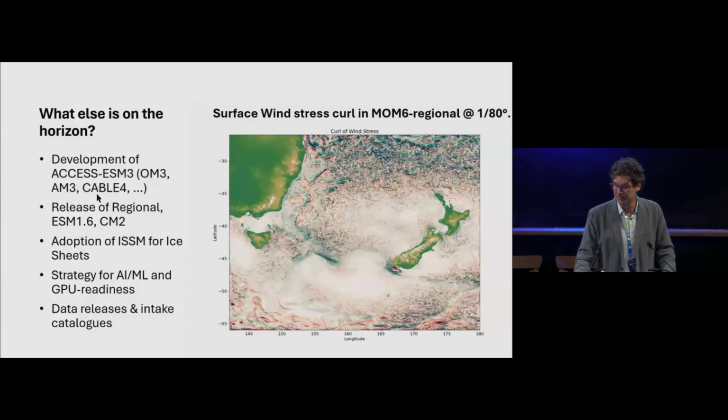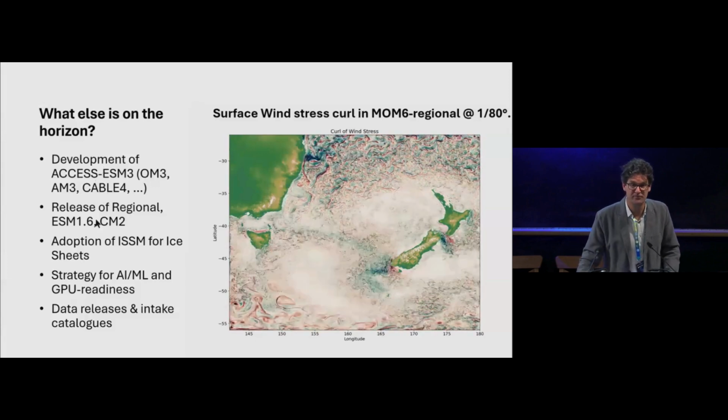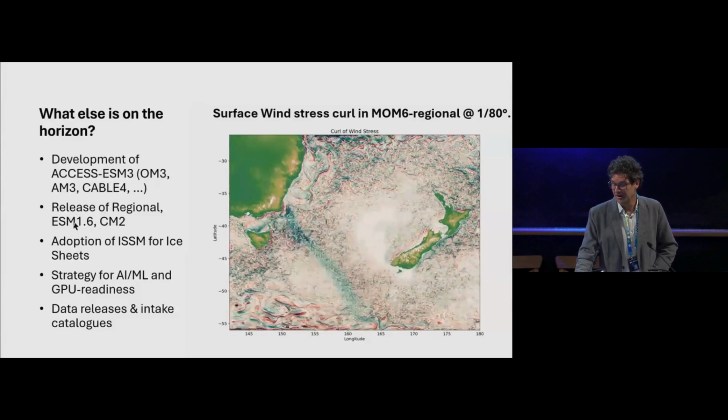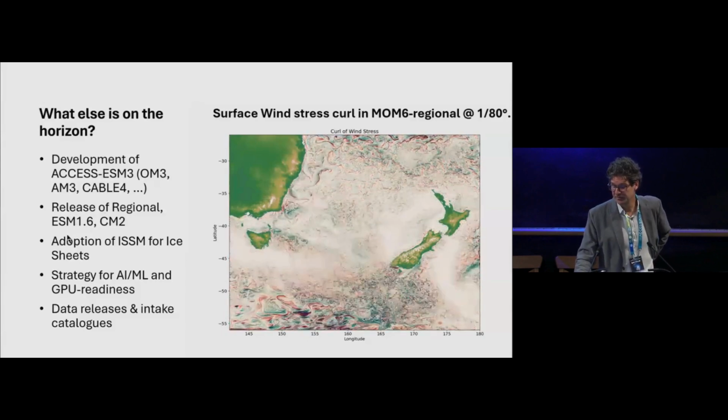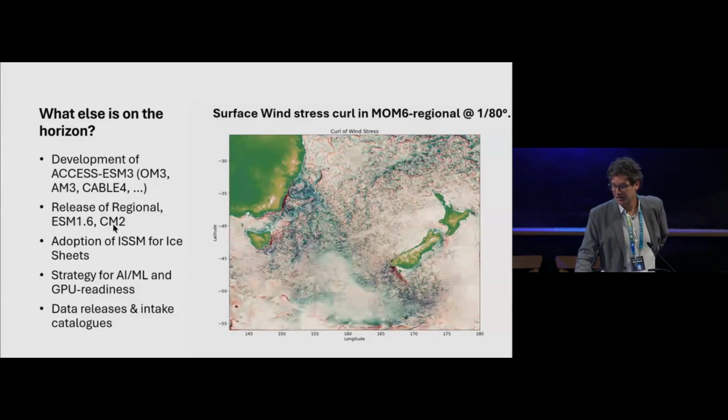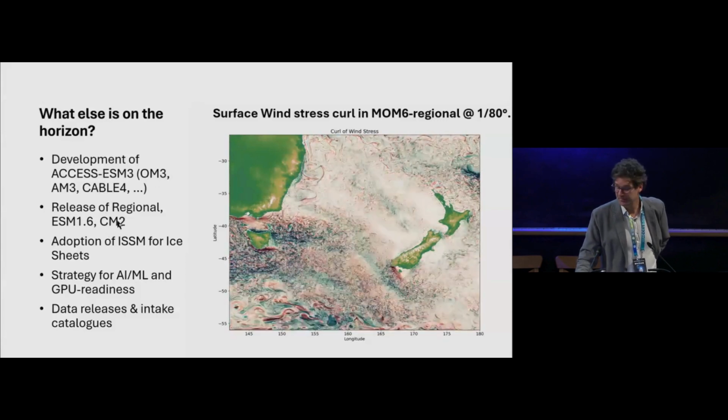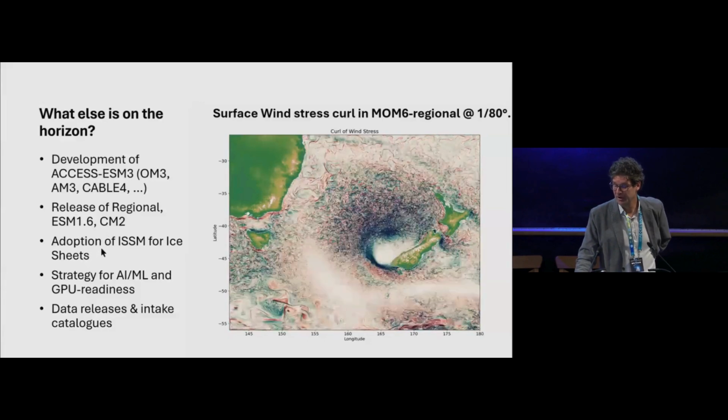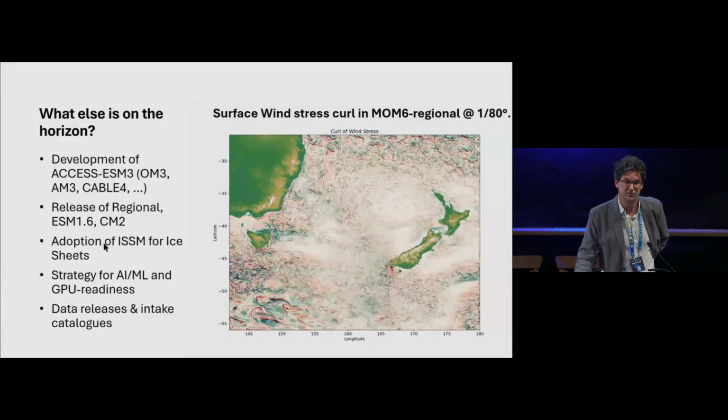We're going to do formal releases, hopefully, of ESM 1.6 in time for CMIP7 Fast Track, of Access CM2 as well. You'll hear more about ISSM today, but we're aiming to adopt ISSM for ice sheets.